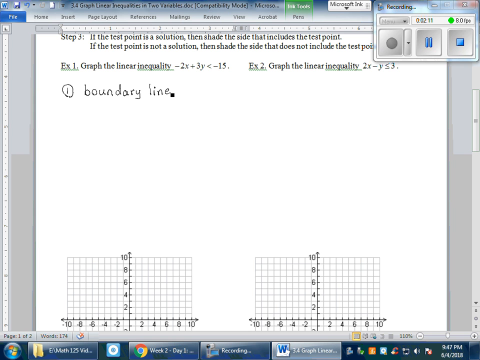So let's put this into slope-intercept form, right? 2x plus 3y is less than negative 15. Write it into slope-intercept form, which is subtracting 2x on both sides, and then divide both sides by 3.